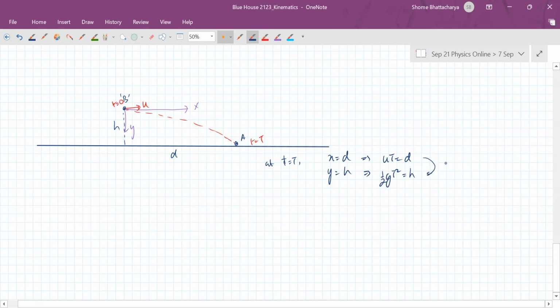So substitute the value of t equal to d by u here. So you get that u square should be equal to g d square by 2h. So u should be equal to square root of g d square by 2h.